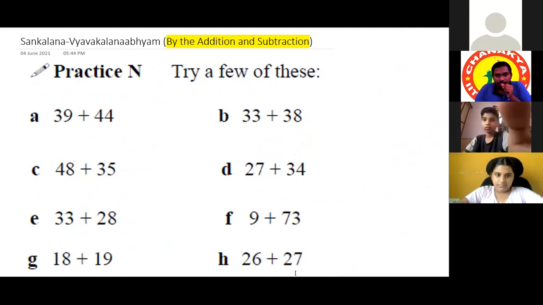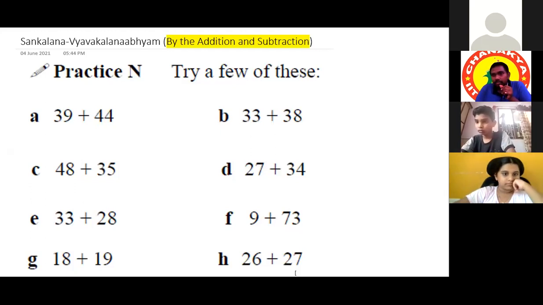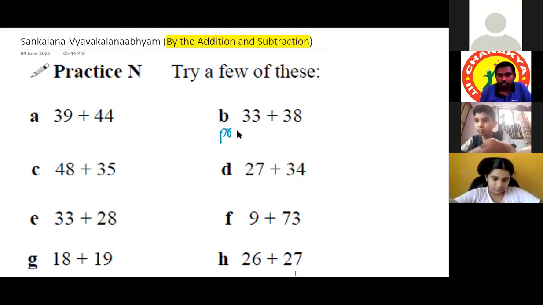Jayid, write one question. Sudisha, question number is not given. Jayid, the question number is not given. Okay, A is not taken by anyone. How many questions are there? Up to H. If completed, no need to write anything. B Pranav. D Jaydeep.